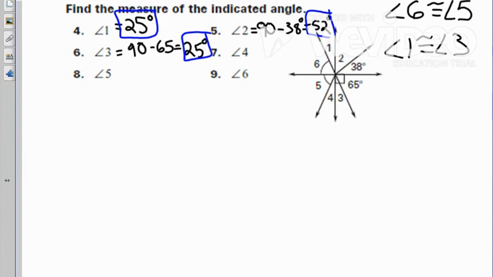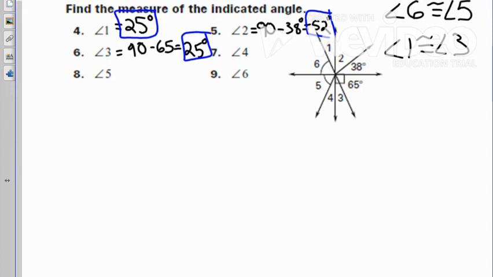We do know that the sum of our angles on the right side, 4 and 5, has to be 90. We don't know what angle 5 is. Angle 5 and angle 6 have to be the same. What else do we know? We could find angle 6, because we know angle 1 is 25 degrees. What would that make angle 6?